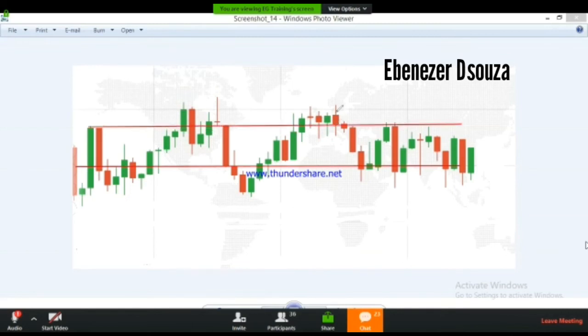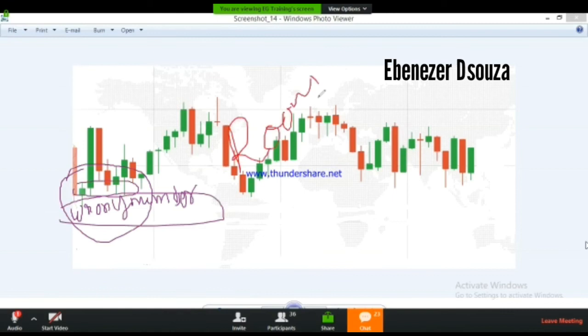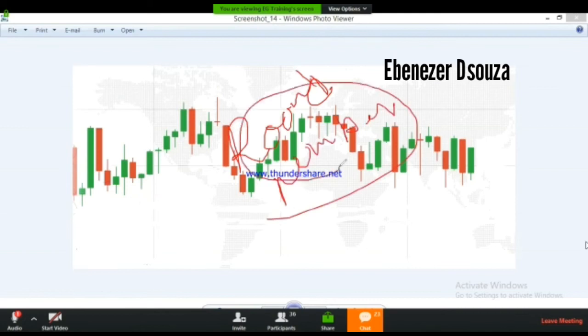So here we are seeing a strong bearish momentum. This is a round number, not a wrong number.